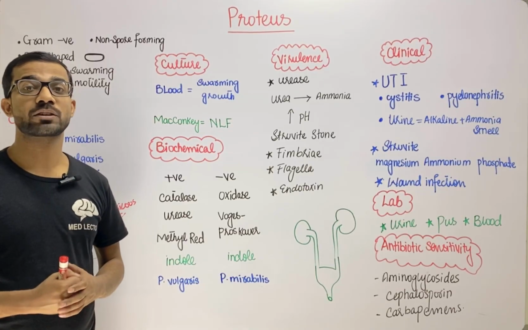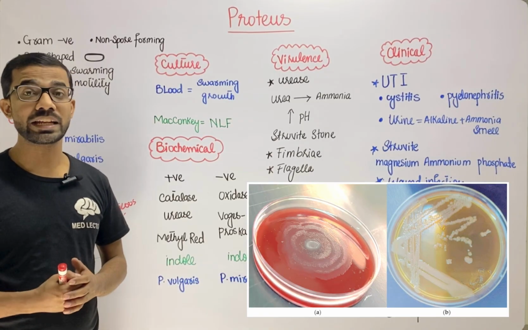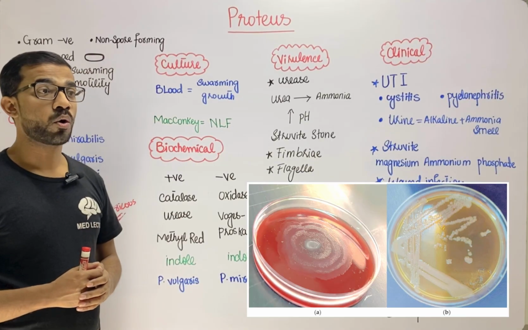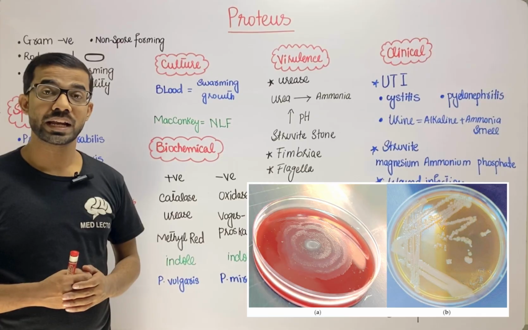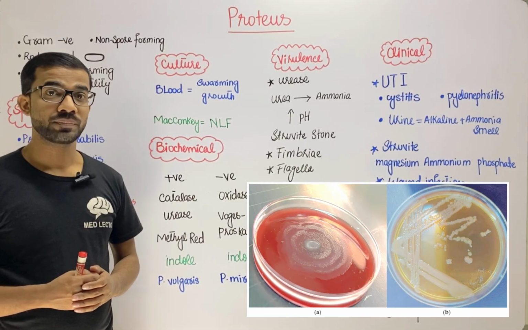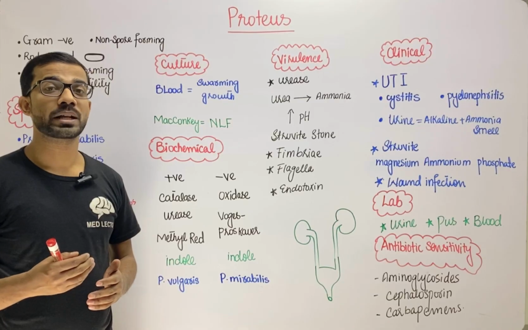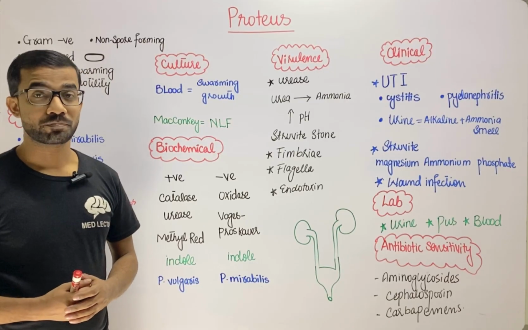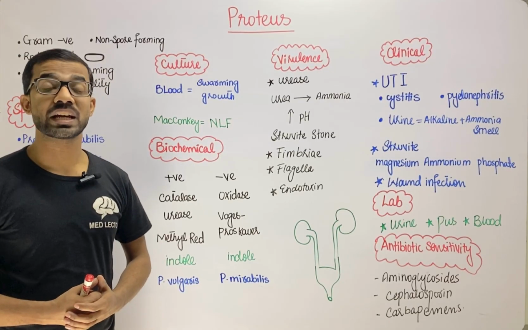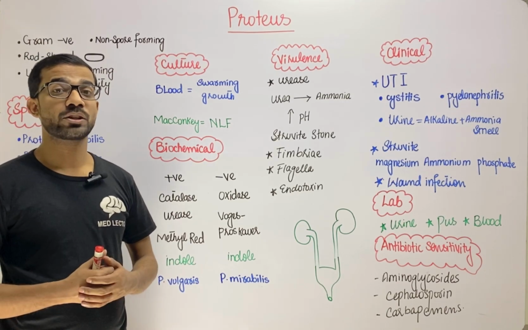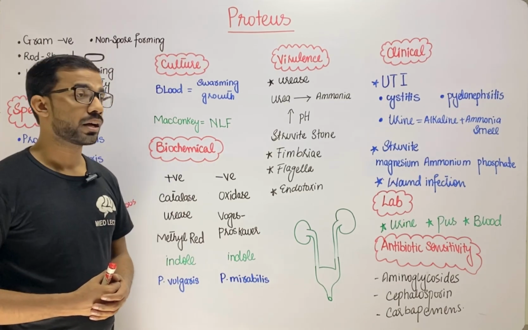Proteus is a non-lactose fermenter. It doesn't ferment any lactose present in the MacConkey agar. So it will look colorless on the MacConkey agar, as compared to lactose fermenters, because lactose fermenters produce pink colonies, but Proteus will produce colorless colonies. Why? Due to the non-lactose fermenter effect.